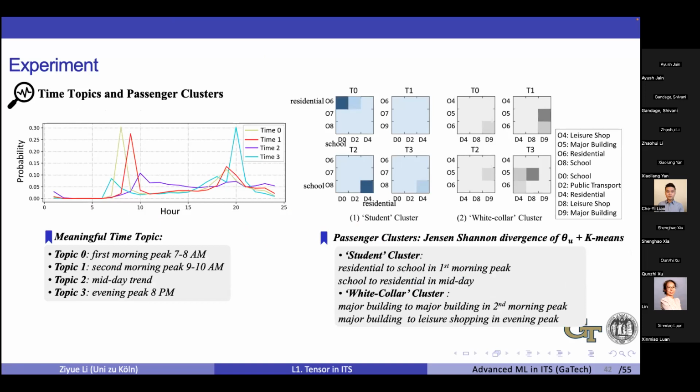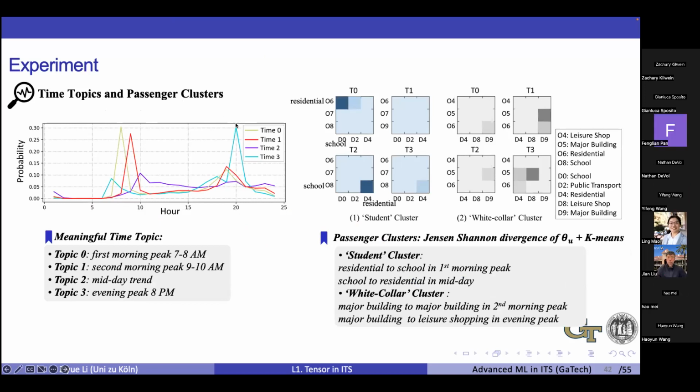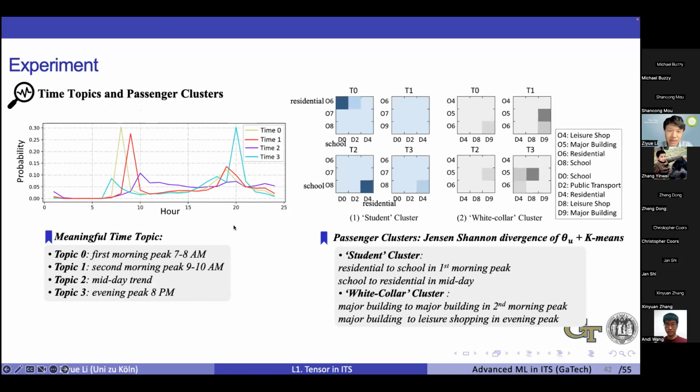And this is the origin dimension, and for the time dimension, we can also learn some good patterns. For example, topics 0 and 1 capture the two morning peaks, and topic 3 captures the evening peak. And we can also cluster the passengers.